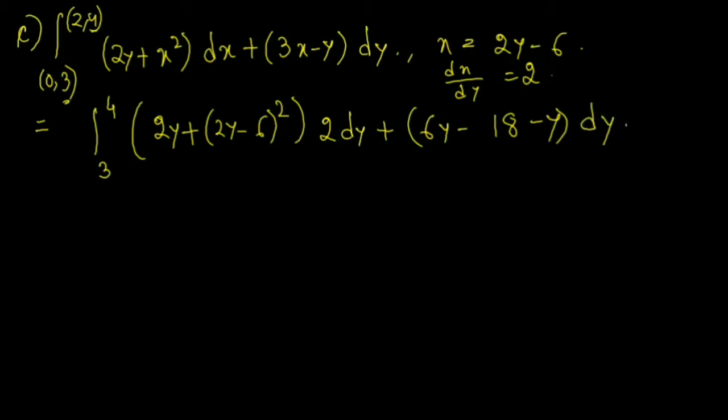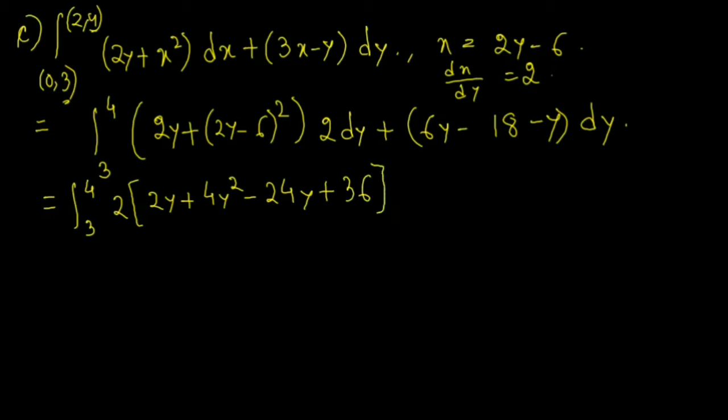Now this is equal to integration 3 to 4. 2 is taken common outside into (2y plus 4y square minus 24y plus 36) dy, then whole into (5y minus 18) dy we have taken common.